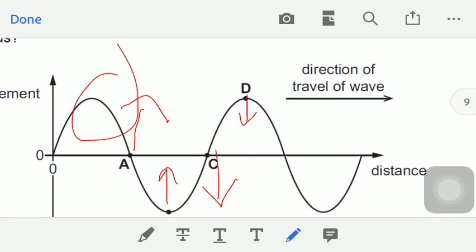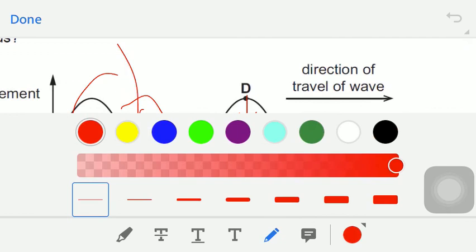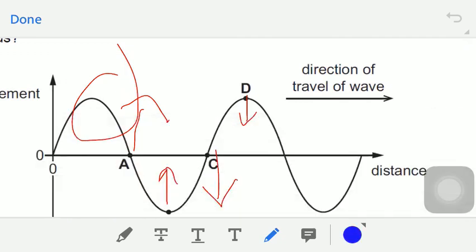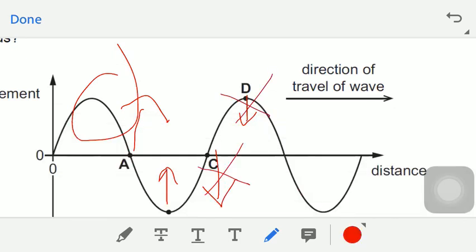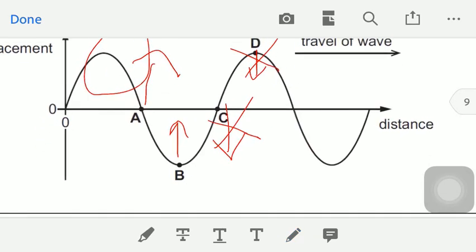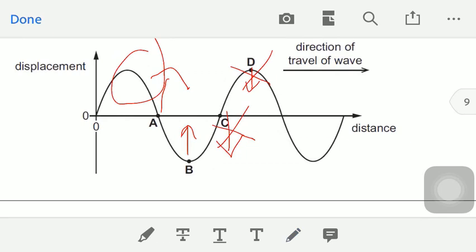So obviously the answers C and D are traveling downwards, so they can't be the answers, which leaves you with A and B. So far we've been talking in terms of direction only. As far as considering the direction, we can strike off C and D.